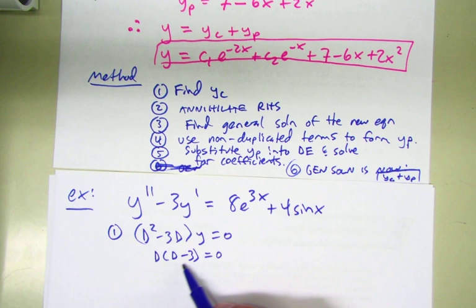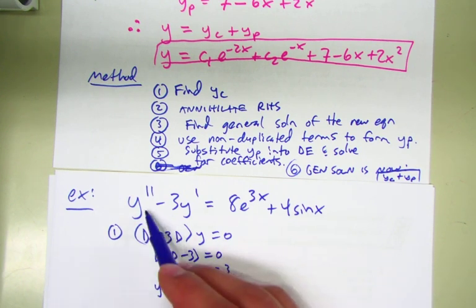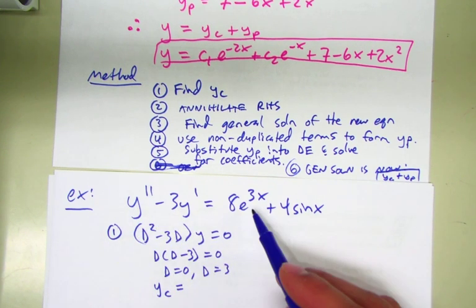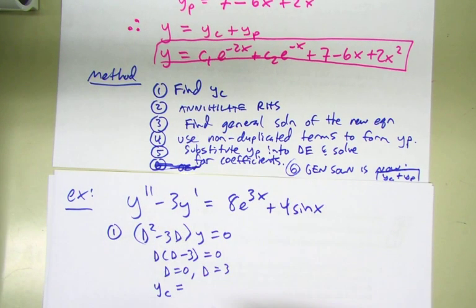This is the auxiliary equation. And my roots are 0 and 3. And so that means the complementary solution for this equation, if it were equal to 0, would be a constant. It'd be c1 e to the 0x, but e to the 0 is just 1. So c1 plus c2 e to the 3x.